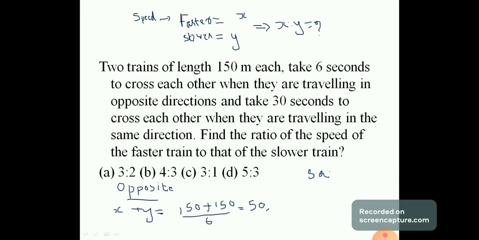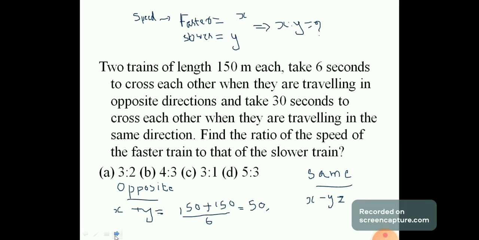When it comes to the same direction, we know that relative speed is the difference between the speeds, that is x minus y, equal to length of train 1 plus length of train 2, that is 150 plus 150, divided by time taken, 30 seconds.